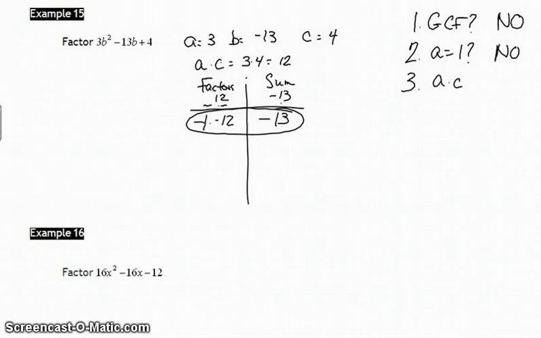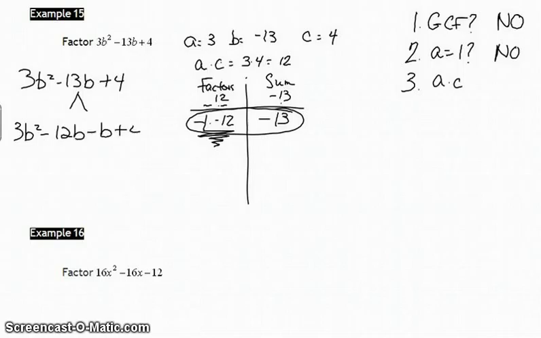Now, I rewrite. I'm going to move over just a little bit because it's a little cramped. My middle term using these two factors. So I've got 3b squared minus 12b minus b plus 4.